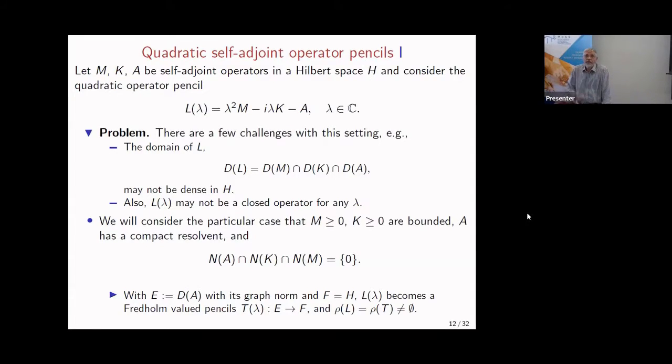Now, if we then put E equals the domain of A, with the graph norm, and F equals H, then L of lambda becomes a Fredholm operator function from E to F. And as I've already indicated before, the resolvent set of L equals the resolvent set of T. That means this T of lambda would be a representation by a bounded operator function.